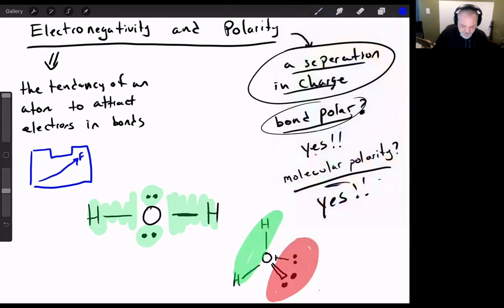So there is a net dipole moment for water. Okay, so that's it. I'm going to stop it there. We're done.